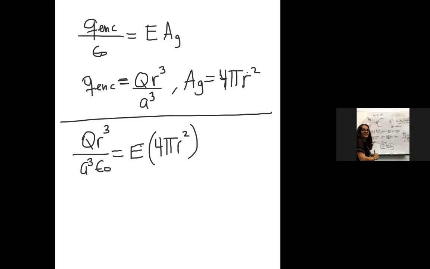And this r squared will cancel with two of them over here, and I'll solve for the E field.